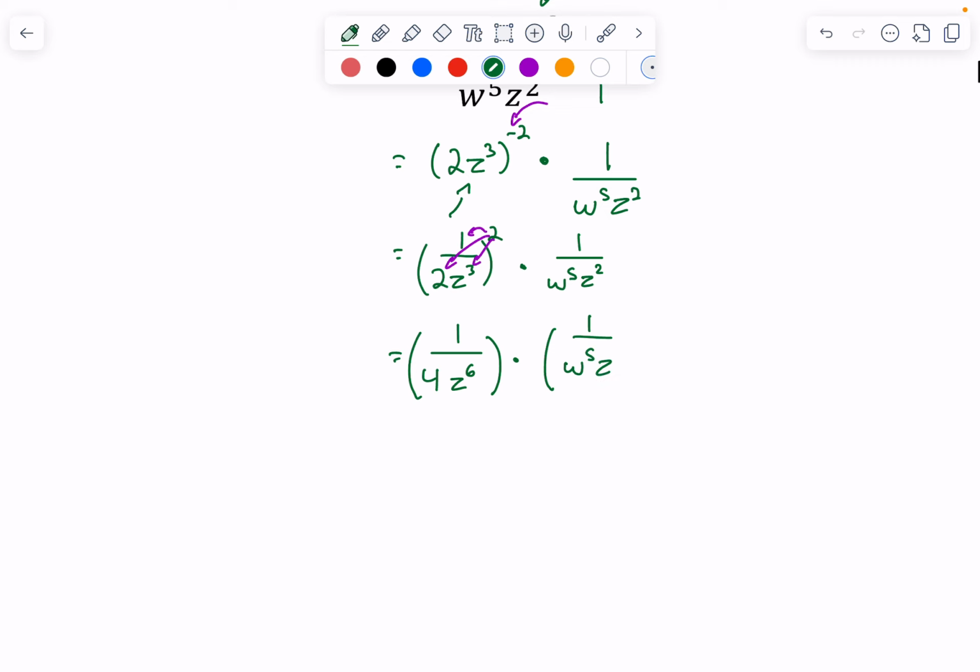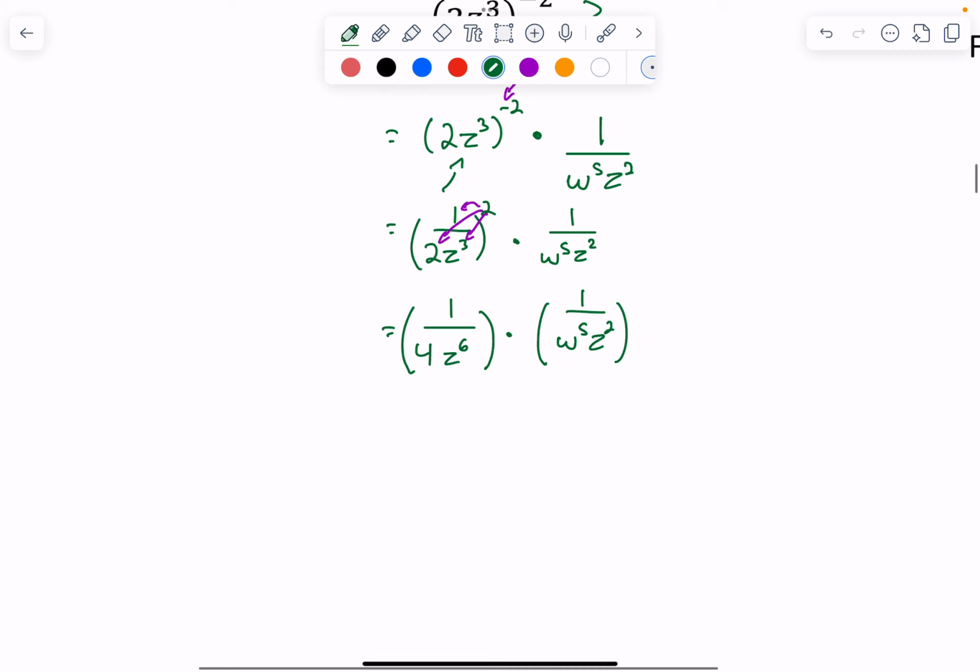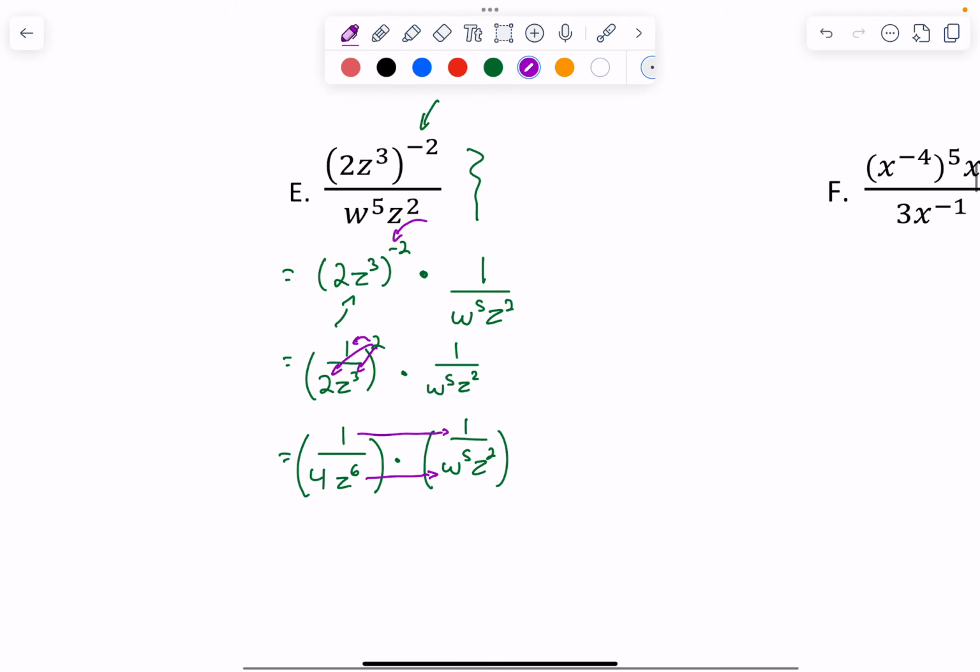w^5 z^2. And the reason I separated like this is now you can see you have two fractions essentially multiplying each other, right? As it stands before, if you were to just look at this problem and say, oh, okay, I see a negative exponent, and I'm going to flip that. That's what Mr. Phillips told me to do. So I'm going to go 1 over 2z^3 squared, and that's all being divided by w^5 z^2.